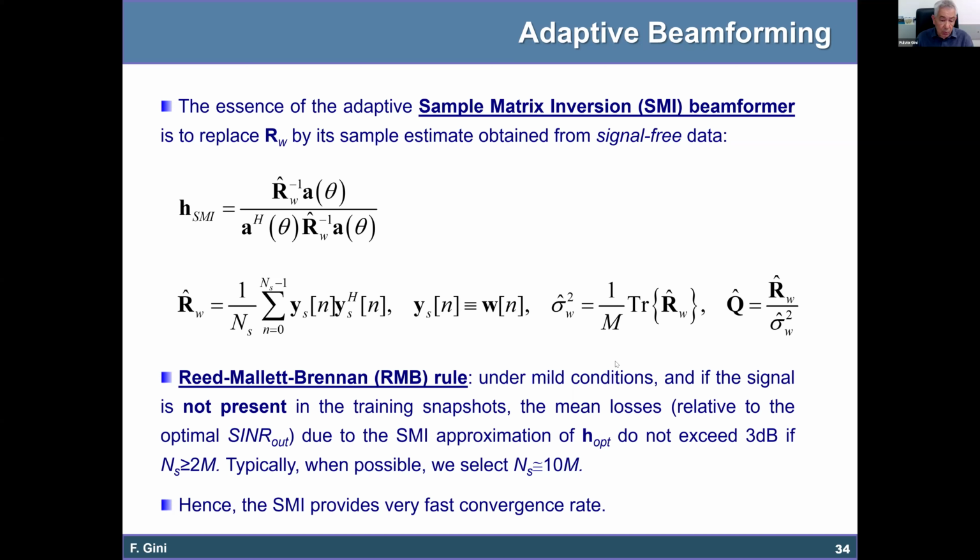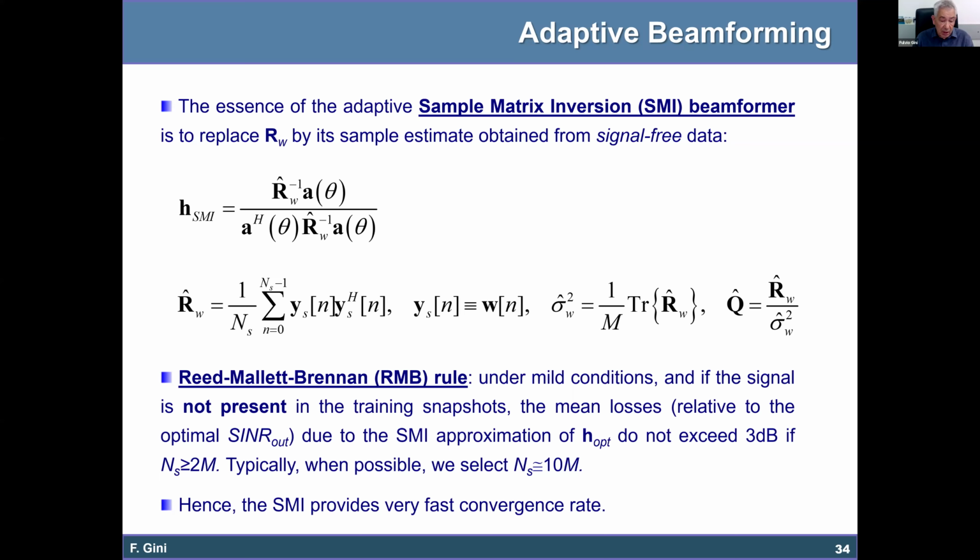So the so-called adaptive loss, the loss in signal-to-noise ratio due to adaptivity, is lower than 3 dB.